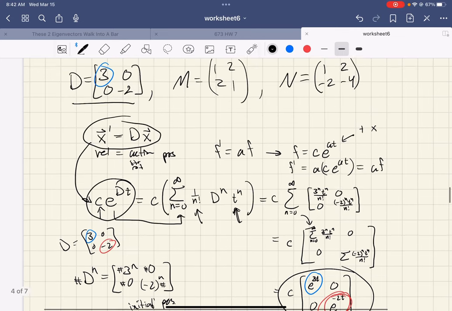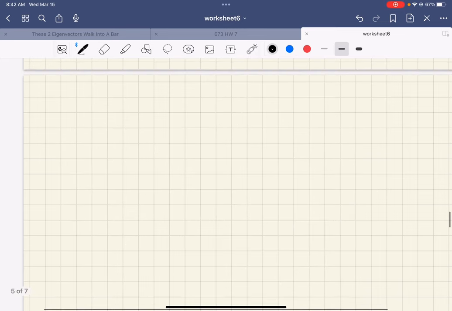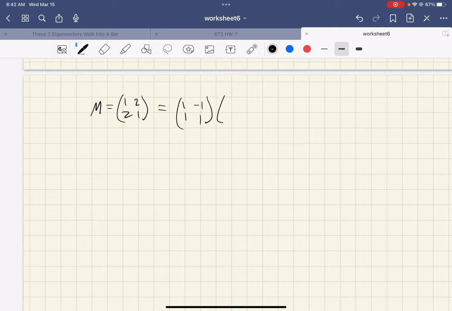Now let's do it for a non-diagonal matrix, and the whole thing is to diagonalize it. So this matrix has been beaten to death in class and in my little talks. So we know from the last video that this is equal to eigenvector, eigenvector, eigenvalue, eigenvalue, and then the inverse of the eigenvector matrix.